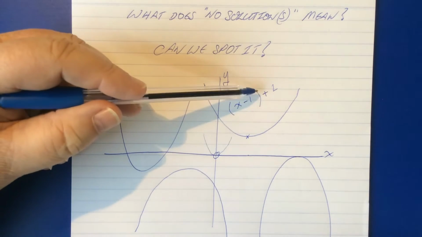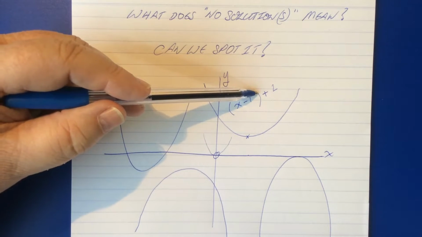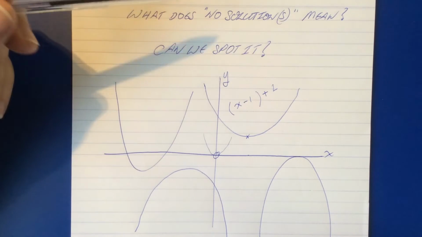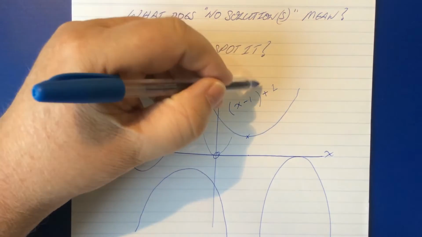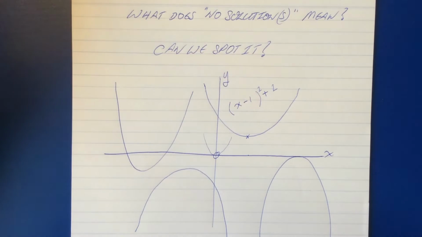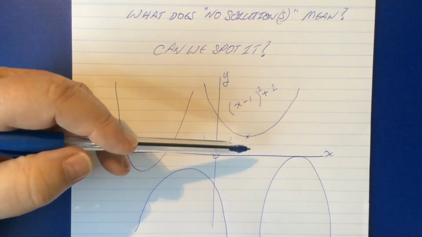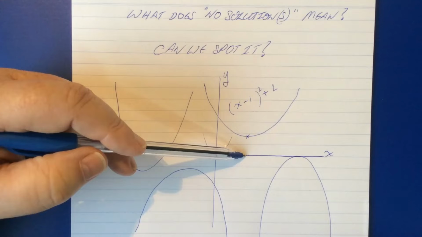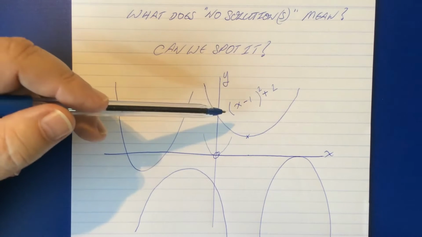Now this can be expanded to look like a quadratic trinomial, and we need to put the squared in there. So this is x minus 1 all squared plus 2. That's turning point form. It can be written in other forms. But this thing has no solution for x because it doesn't touch or go through the x-axis.